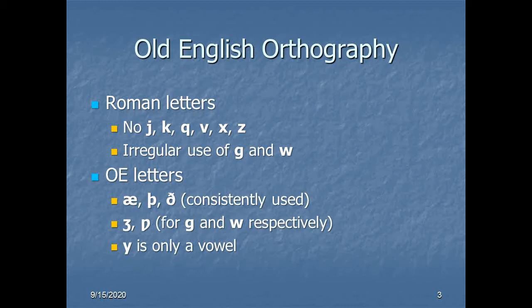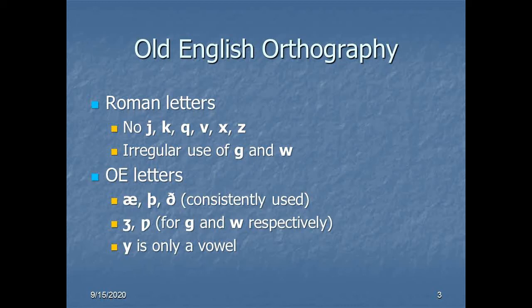Initially, thorn was used for the unvoiced version of that consonant, as you can probably guess by the name, whereas eth, which looks kind of like a D, was used for the voiced version of it. Over time, this usage got confused and it largely became a matter of scribal preference. But initially, there is a very sound logic for using two letters to stand for two distinct sounds.